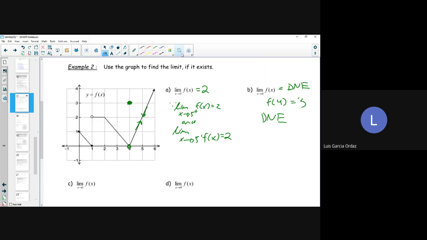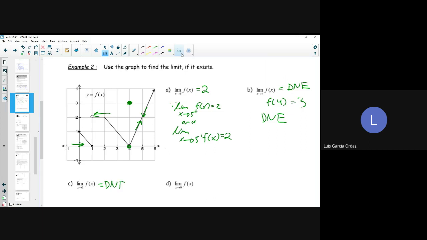So the next one, remember, as the limit of x approaches 1 of f of x, does the limit exist or not exist for c? So remember, think of it as approaching from the right and approaching from the left. So does it exist or not exist? Does not exist.